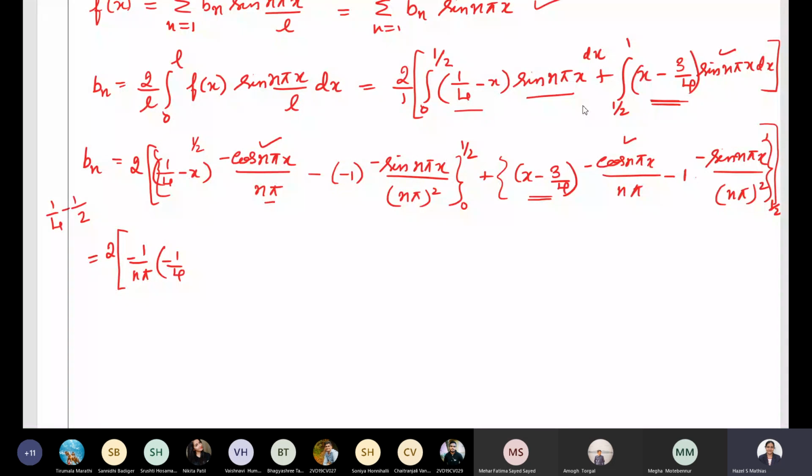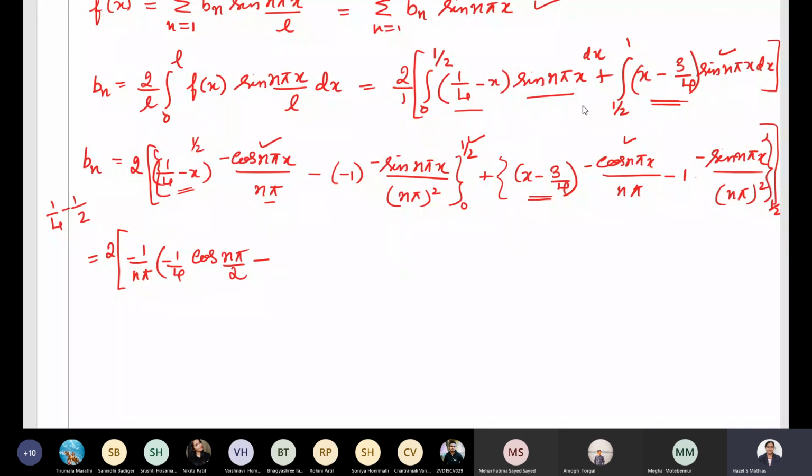Minus 1 by n pi, taken outside. I'm substituting the upper limit. I have substituted half here, so it will become cos n pi by 2, since x is half. Next, here what happens? Minus, minus. Next, sin n pi by 2.